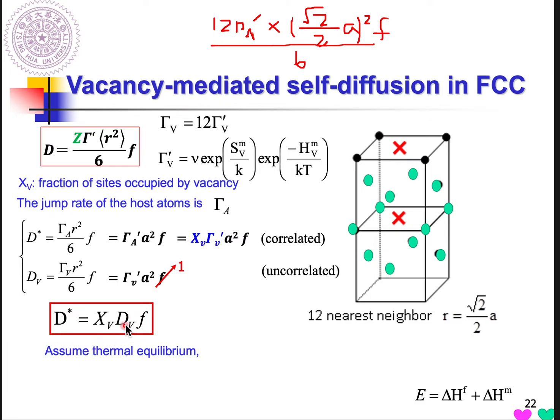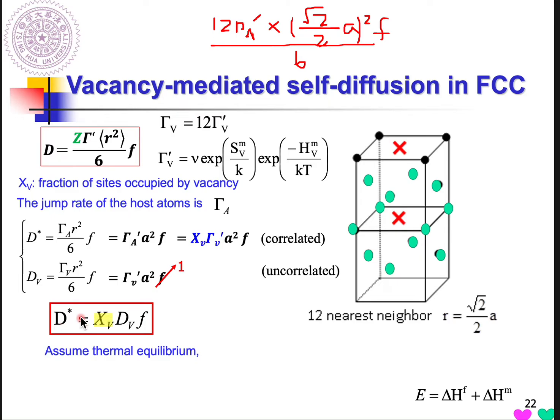So I will ask you, between self-diffusivity D star and dV, which one is larger? The diffusivity of the vacancy is larger than the self-diffusivity of the atom, because XV, the atomic fraction of vacancy, is very, very small in your materials. So dV must be much larger than D star.